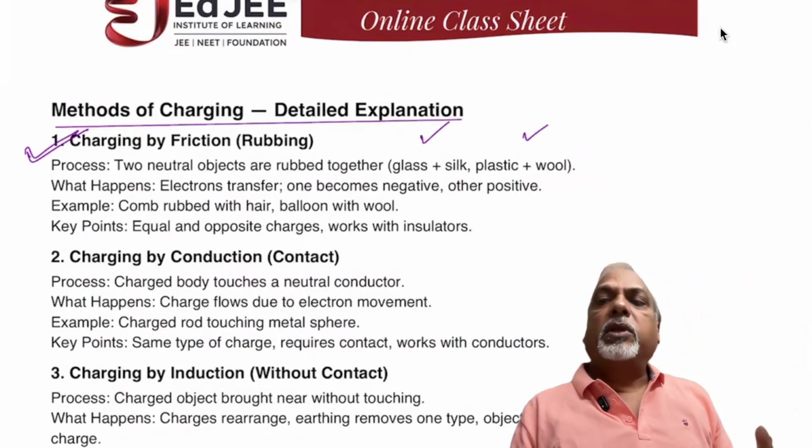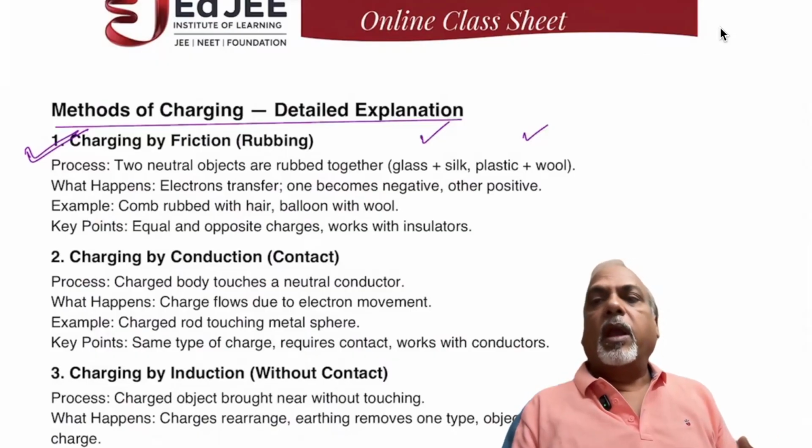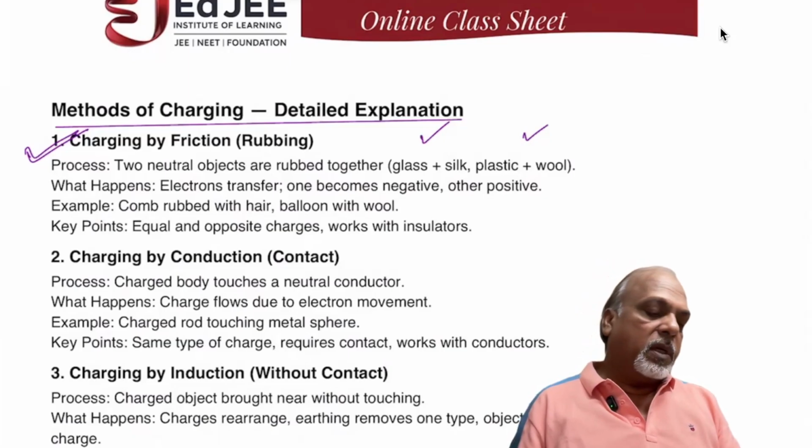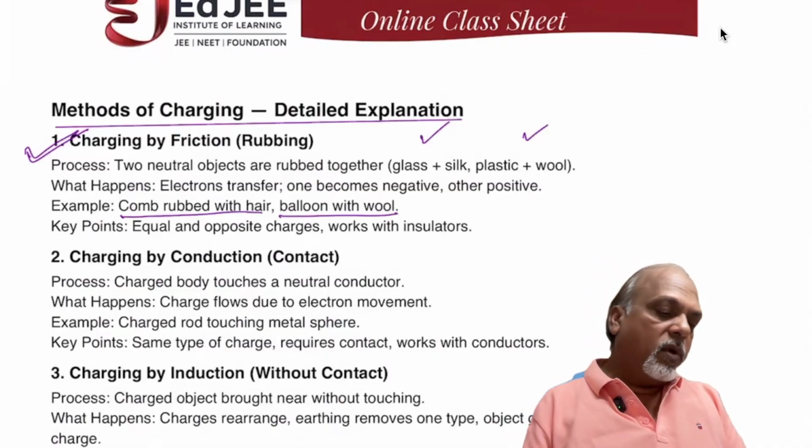When you rub them, you give them energy, and the electrons, having the energy, are transferred from one body to another body. Due to that, one becomes negative and the other becomes positive. Correct? Like a comb rubbed with hair, or a balloon with wool.